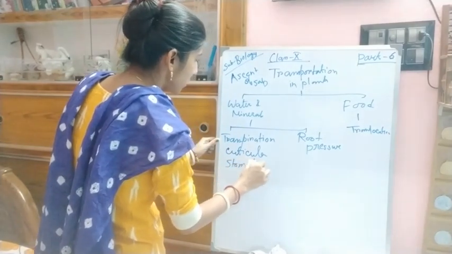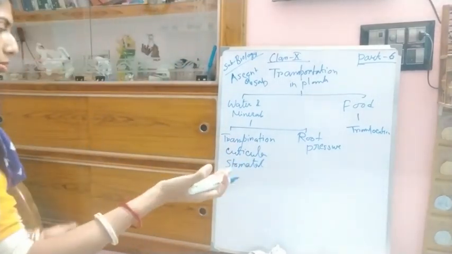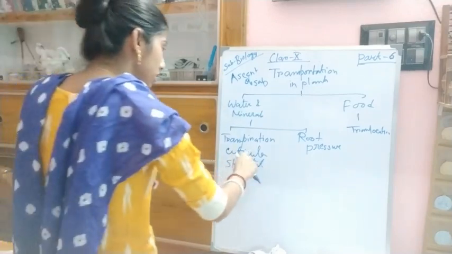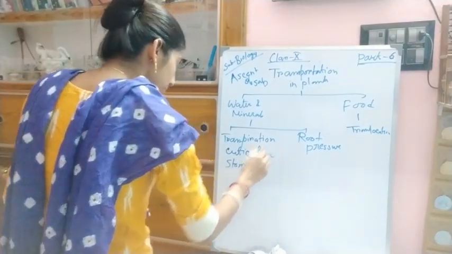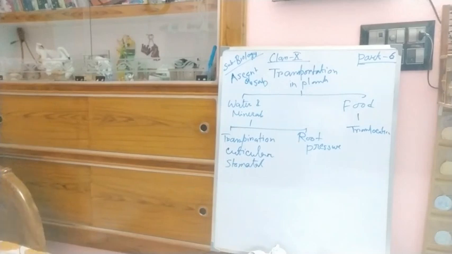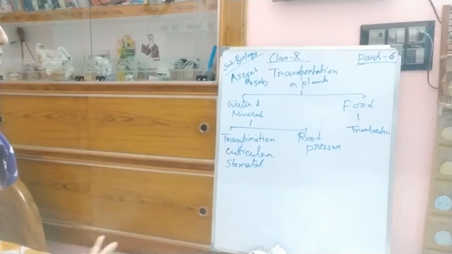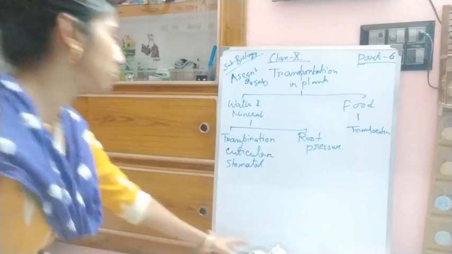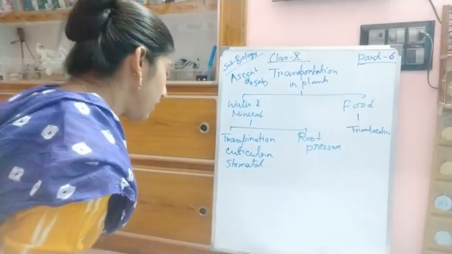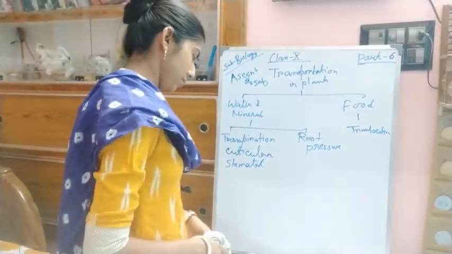If transpiration occurs on the surface of the leaf where cuticle is present, that type of transpiration is called cuticular transpiration, through the cuticular covering of the aerial parts, and maximum amount of transpiration takes place with the help of the stomata. That's why it is called stomatal transpiration.